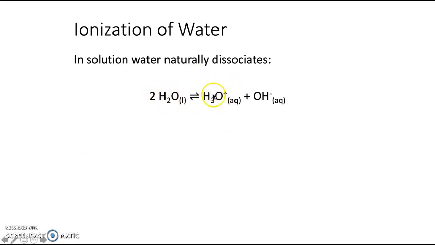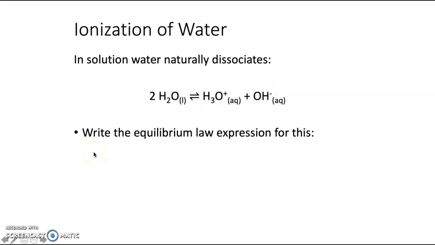One of the water molecules will steal a hydrogen ion from the other, and you end up with this ionization happening. Now, you'll notice this is an equilibrium. So that forward process that I described happens, but the reverse can also happen and is happening constantly, where the hydronium ions can meet up with hydroxide ions and reform water molecules.